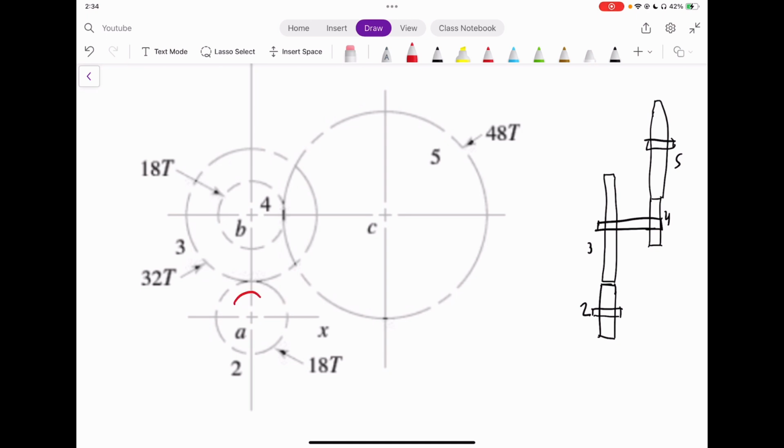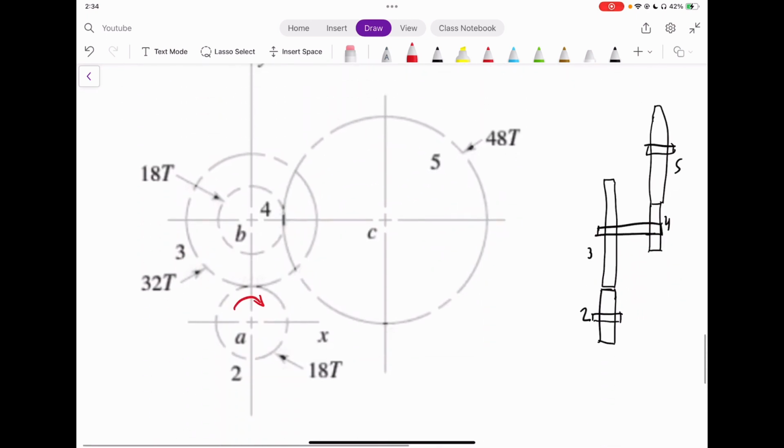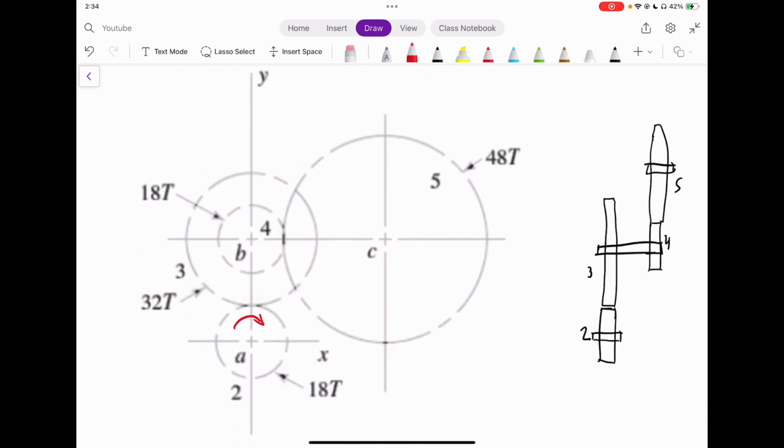The pinion is going clockwise, it has 18 teeth, so that means that gear 3 is rotating counterclockwise. Now, be careful with this, but gear 4 is also rotating counterclockwise because it's attached through a shaft, and then gear 4 is attached to gear 5, and therefore gear 5 is going to be clockwise. So we start with clockwise and we end with clockwise in this case.